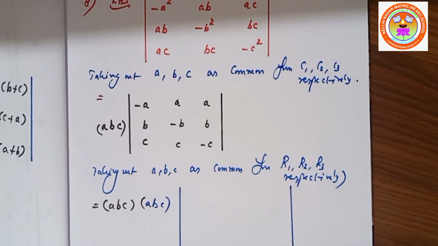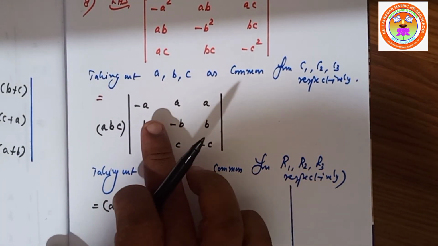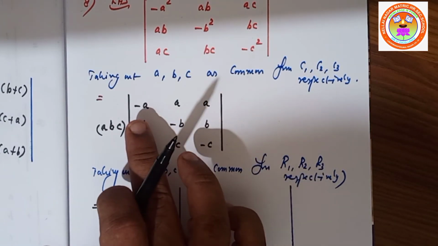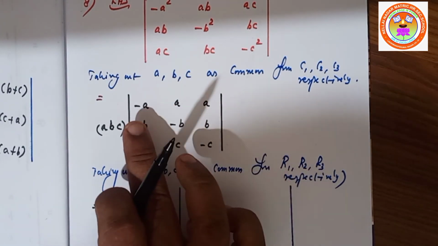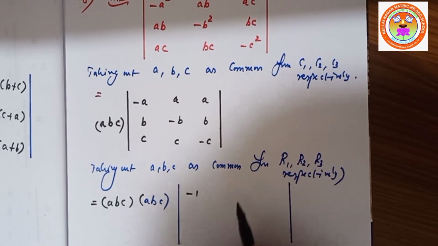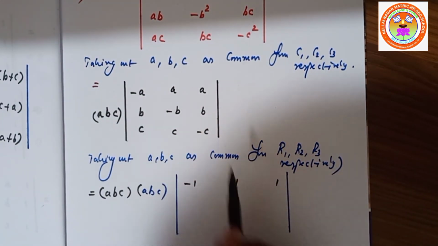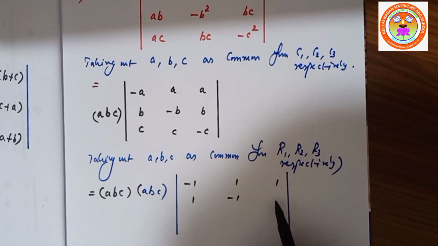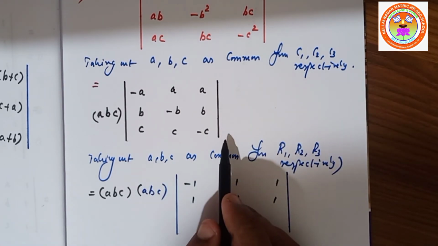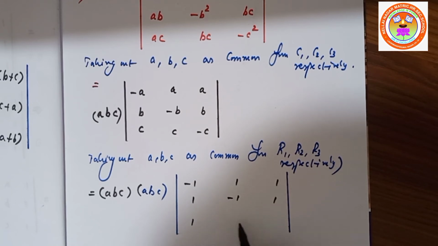Since we have taken A from R1, divide by A for R1. Each and every element of R1 should be divided by A, so you'll be getting minus 1, 1, 1, like that. Second row should be divided by B, you'll be getting 1, minus 1, 1, and third row should be divided by C, you'll be getting 1, 1, minus 1.